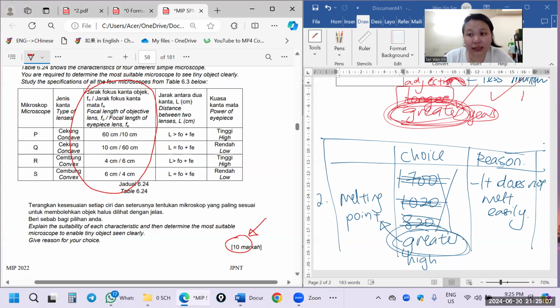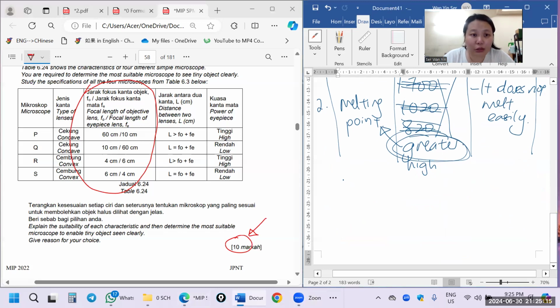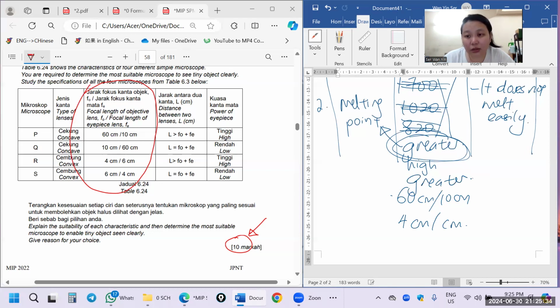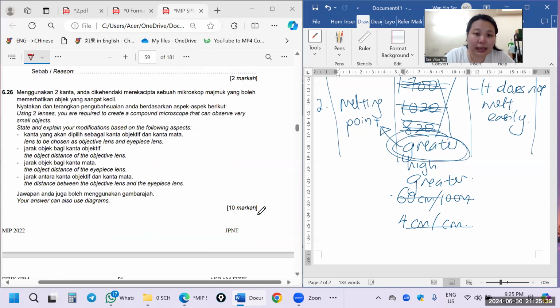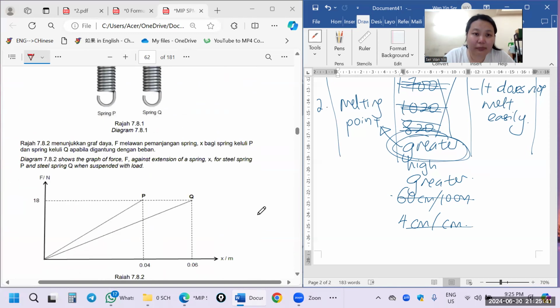Not necessarily table form, sometimes they don't give you table. So what should you answer this? Can I say 60 cm to 10 cm? Or 4 cm to 6 cm? Okay, so answer is, please use greater. Don't write number, except some fixed number.